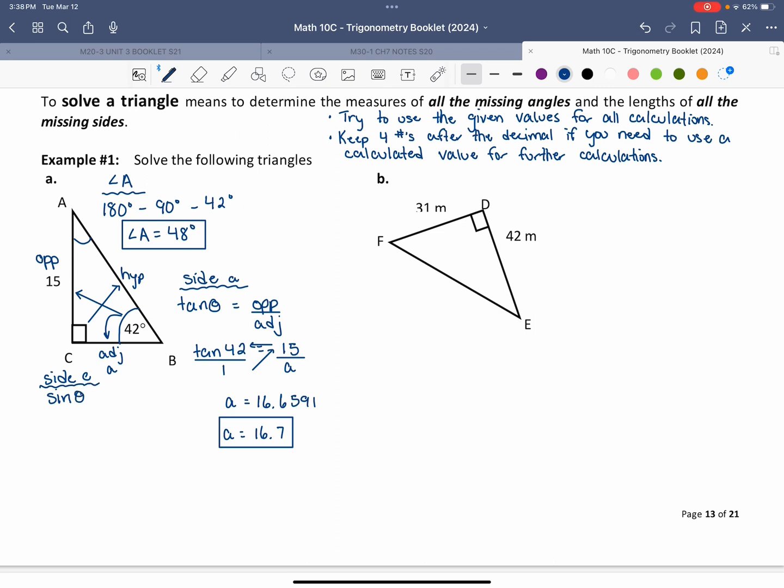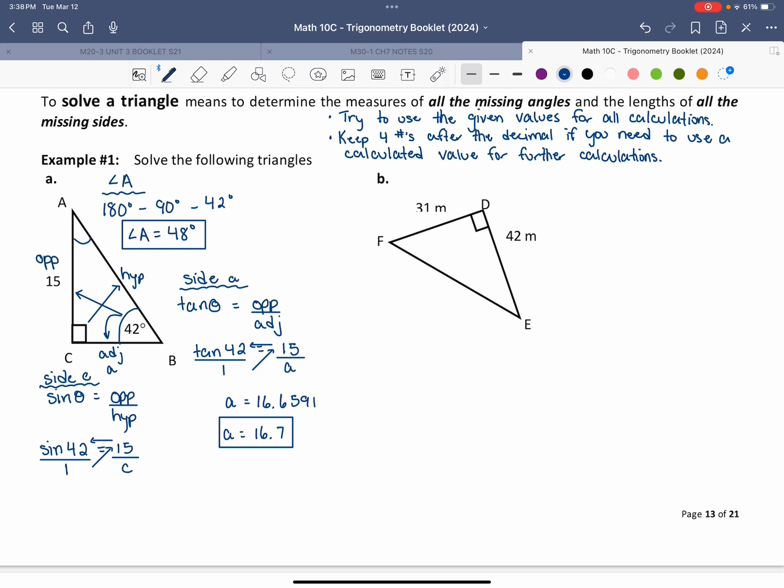So sine theta equals opposite over hypotenuse. Then plug in our values. Sine of angle 42 equals, the opposite is 15, over the hypotenuse, which is C. I can put a 1 under my trig function and then cross multiply and divide.